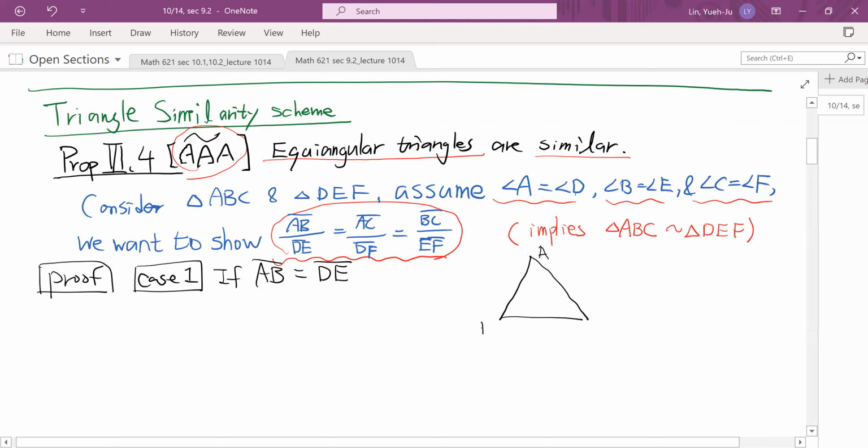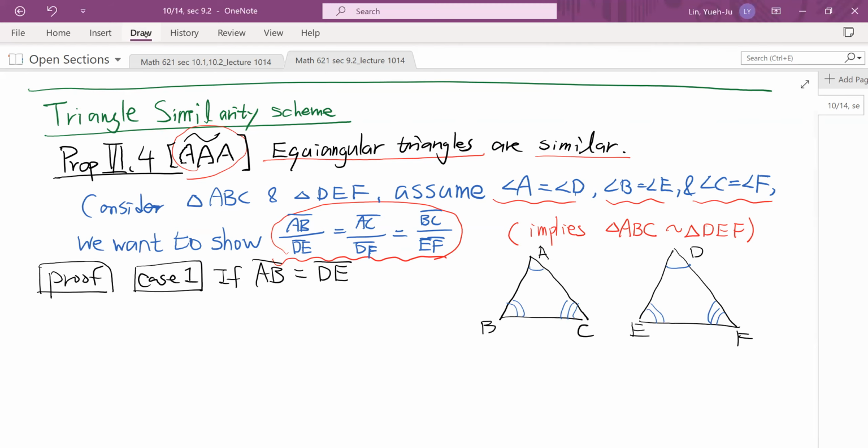So this is ABC and DEF. Our assumption tells us that we already know the corresponding angles are equal. So in the first case, what if AB is actually equal to DE? Then right away you can see that we have congruent triangles, something even stronger.